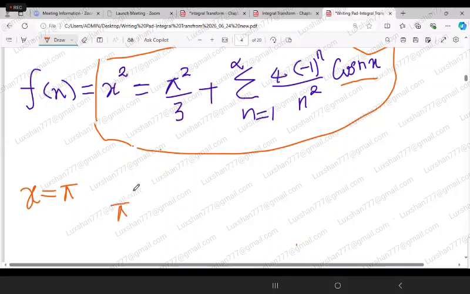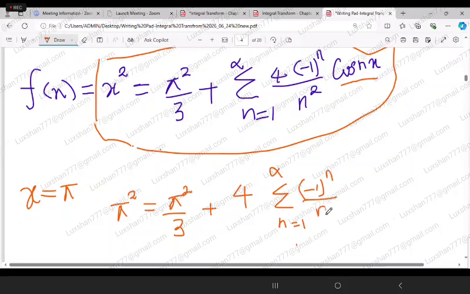Left hand side, pi squared is equal to pi squared by 3 plus, you can take 4 out, summation n equal 1 up to infinity, minus 1 to the power n over n squared into, again, cos n pi.